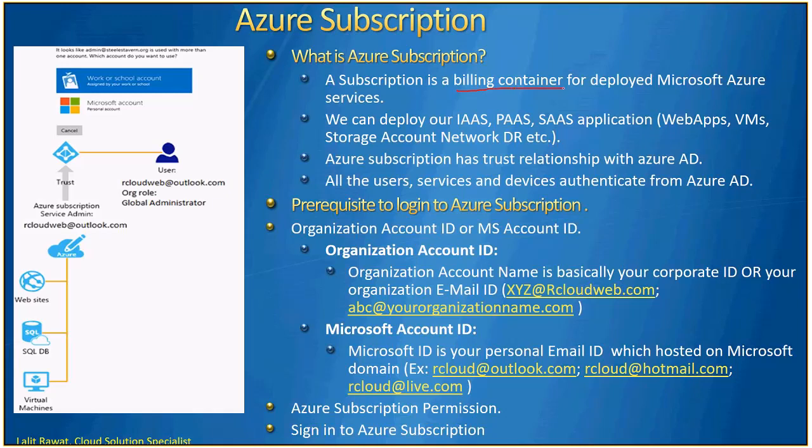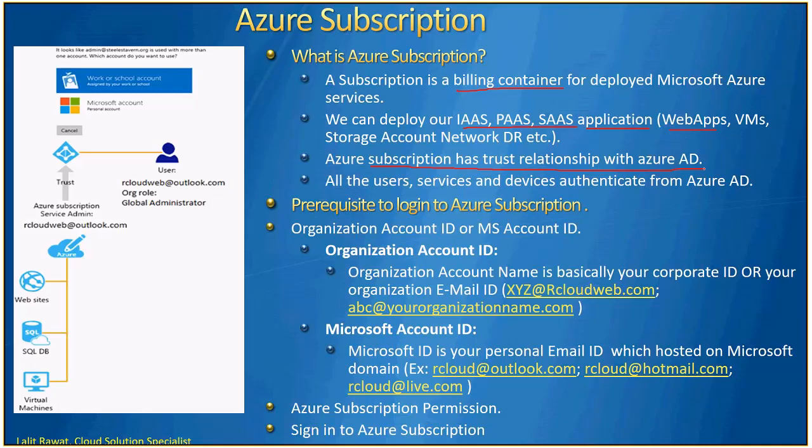So basically, it's a billing container, and whatever services under IaaS, PaaS, and SaaS applications you deploy, like web apps, VM, storage account, network, firewall, whatever it could be, will all be billed in a subscription. Then it goes on a trust relationship with the ID.